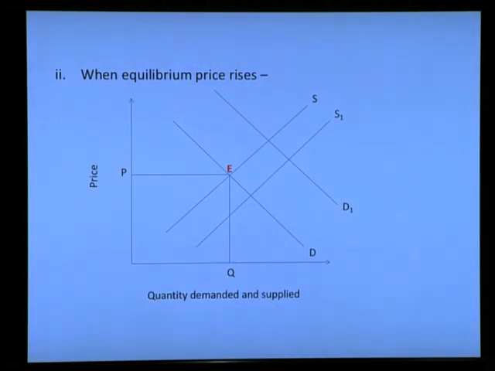When both increase, again the equilibrium quantity is going to increase, as I said earlier. Now, the equilibrium price has increased in this case. This is because the extent of increase in demand, which is shown by the gap between these two demand curves, is more than the extent of increase in supply. That is why the price has increased.